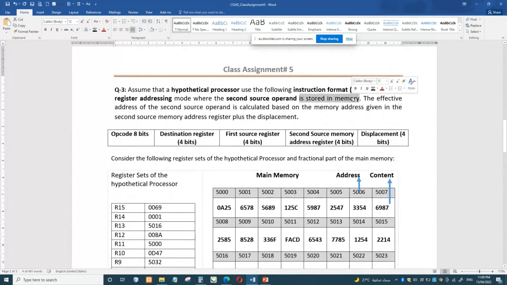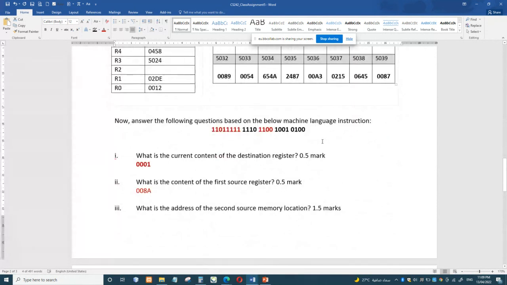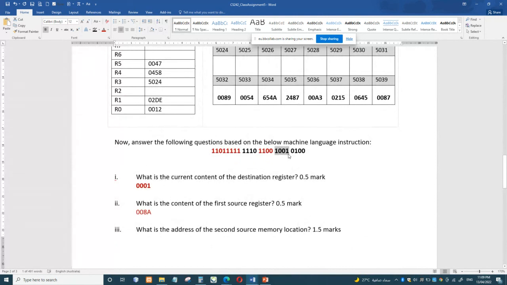So the second source operand is not stored in a register. In the instruction, am I giving the address of the memory location, or the number of the register? The number of the register. So this 1001, what is the register number? 9.